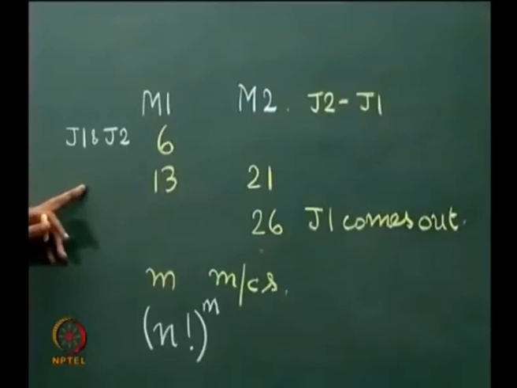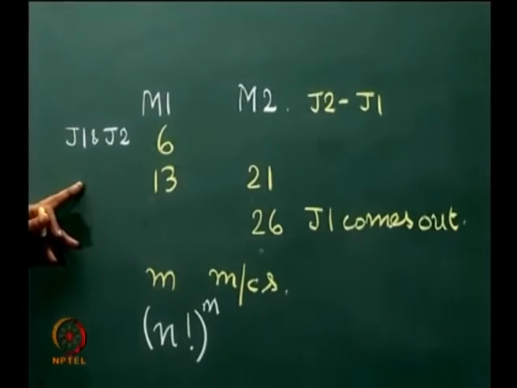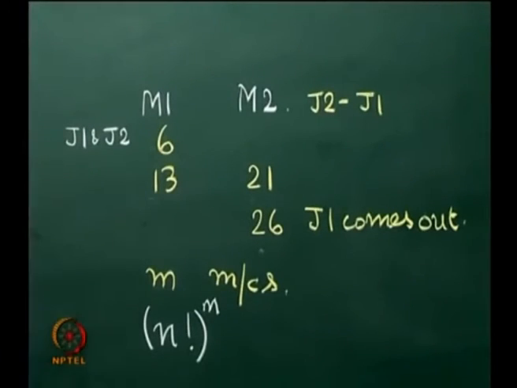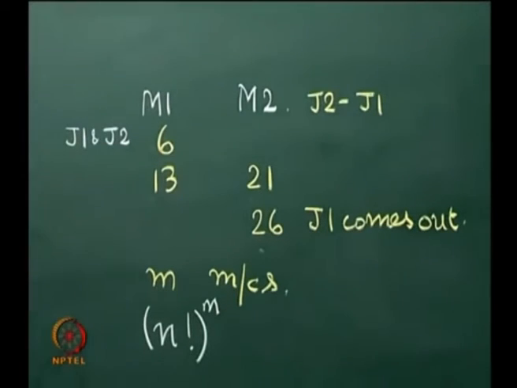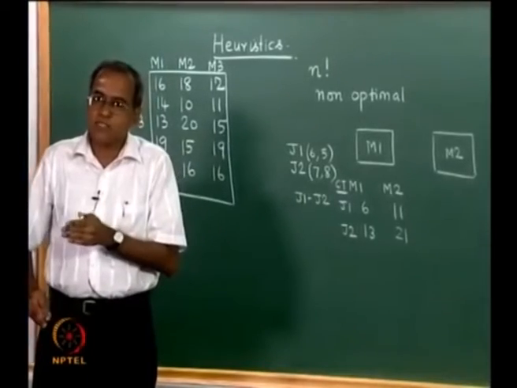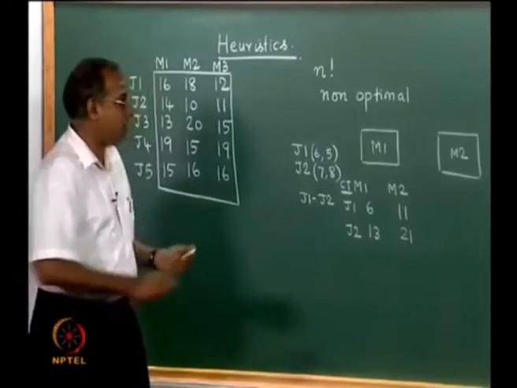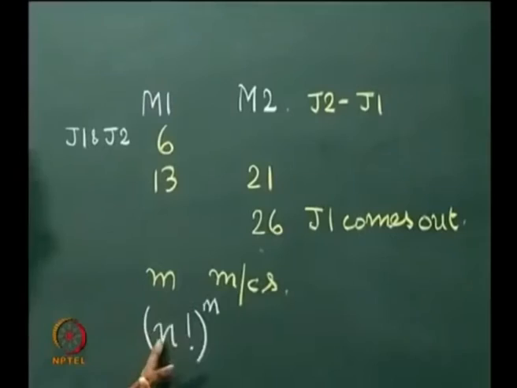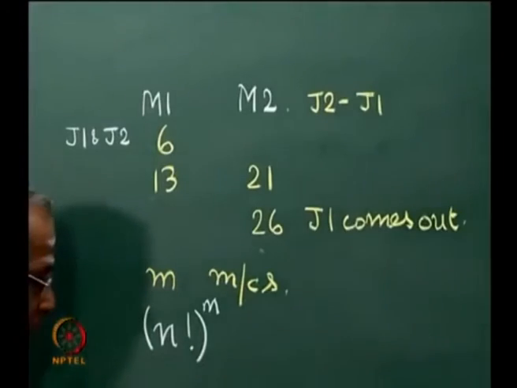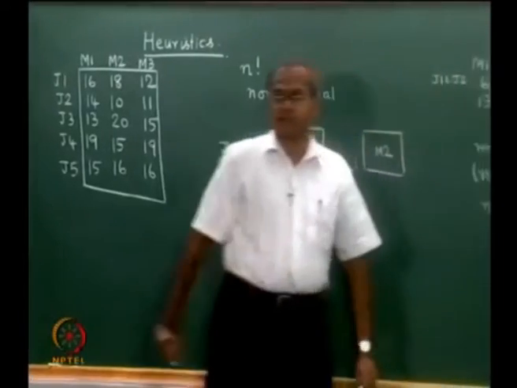This is a situation where the sequence of jobs is different on different machines, even in a flow shop. So, it is advantageous to model it in such a manner that the sequence of visit is the same on all the machines. Therefore, we do not consider all the n factorial to the power m, instead we consider only n factorial sequences.